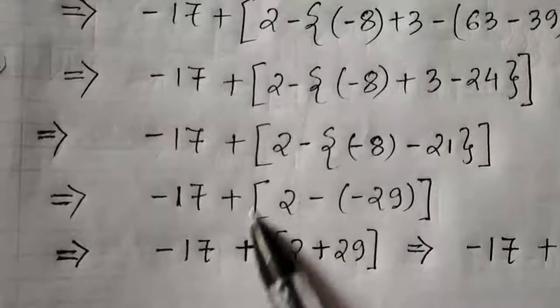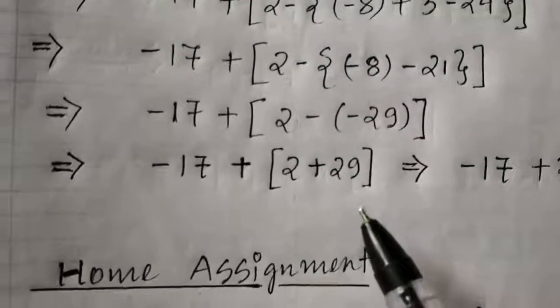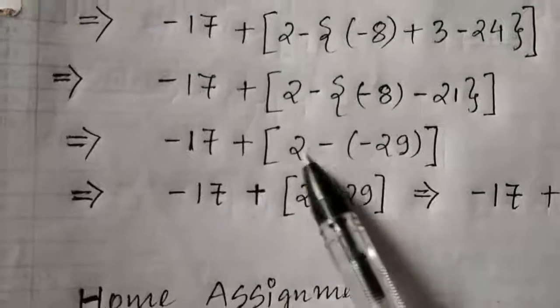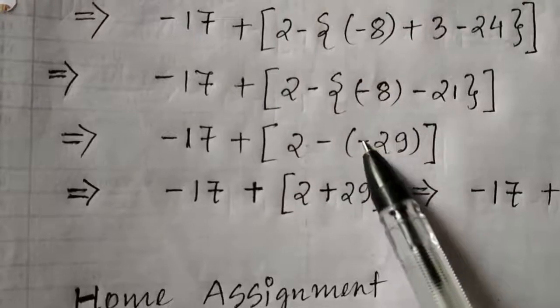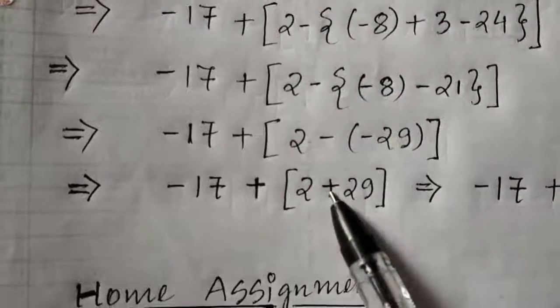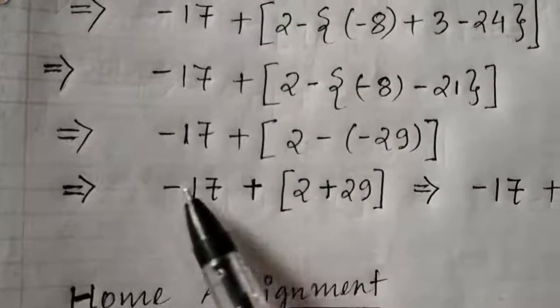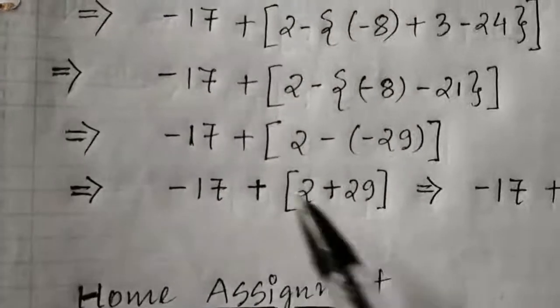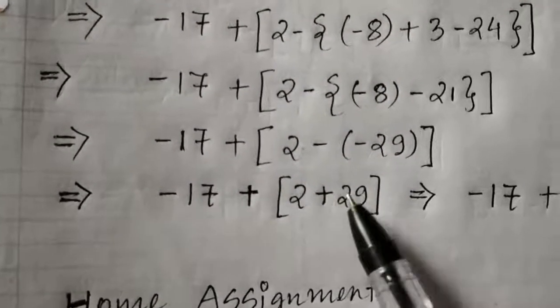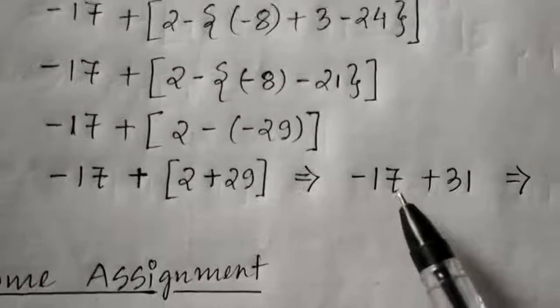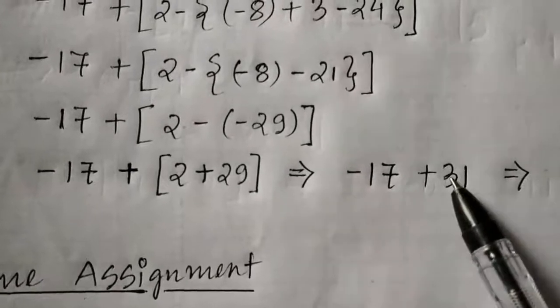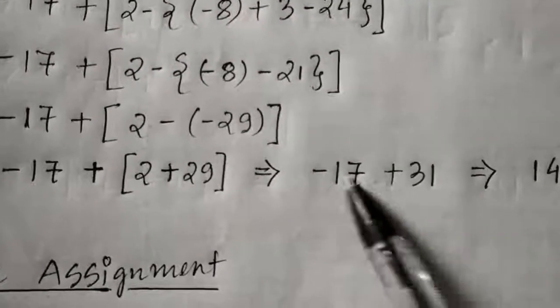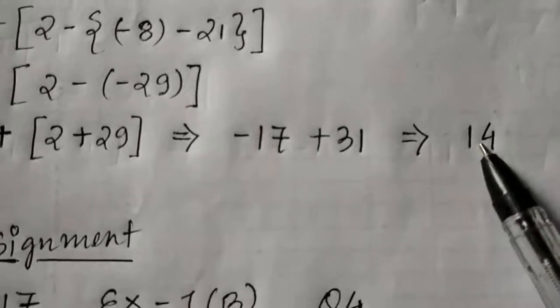Then we will solve this square bracket. In the square bracket we have 2, then this minus, and minus of the 29 will become plus, so minus 17 plus 2 plus 29, and 29 plus 2 will give you 31, and then 31 minus 17 you will get 14 as the answer.